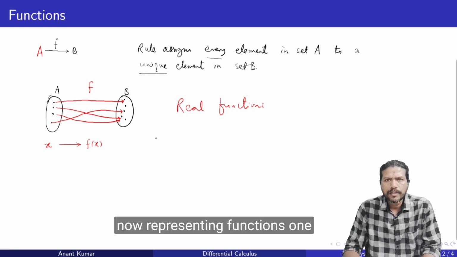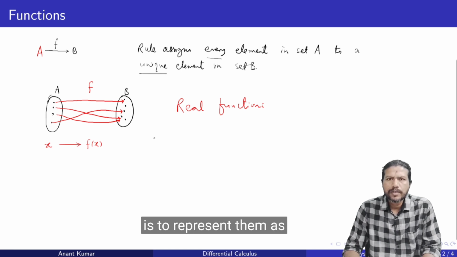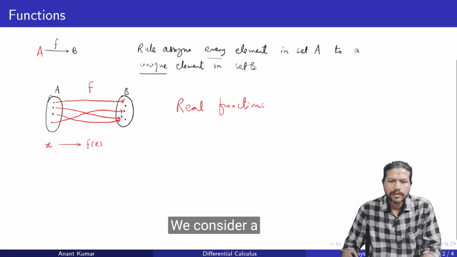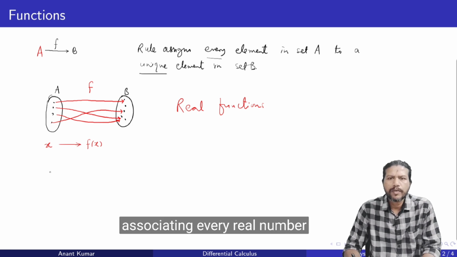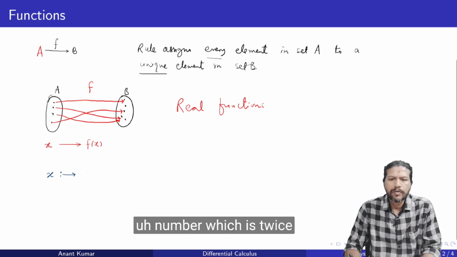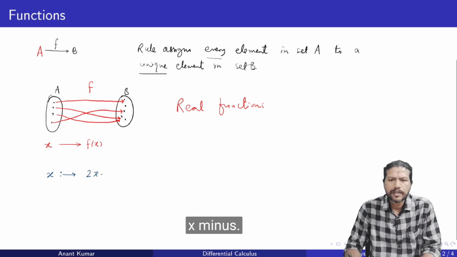Now, representing functions, one very useful way to deal with them is to represent them as graphs. So we can have basically a rule. For example, suppose we consider a rule which is associating every real number x with a number which is twice x minus x square.